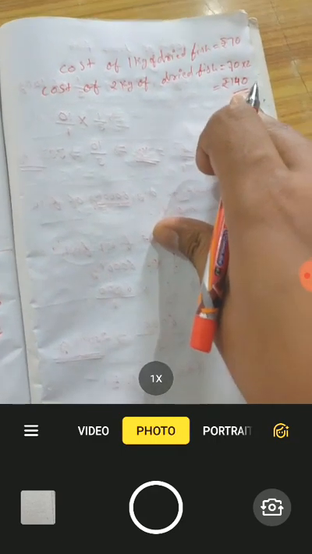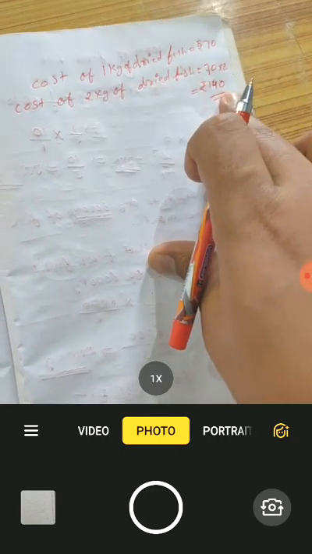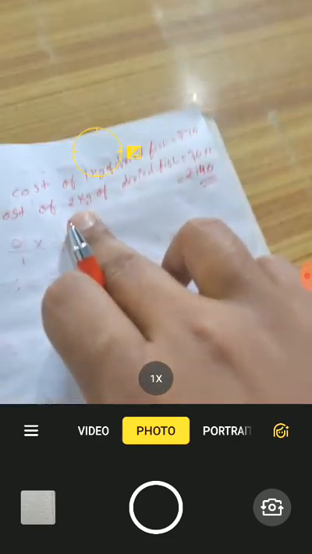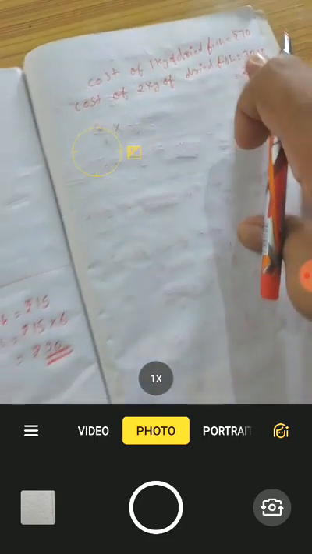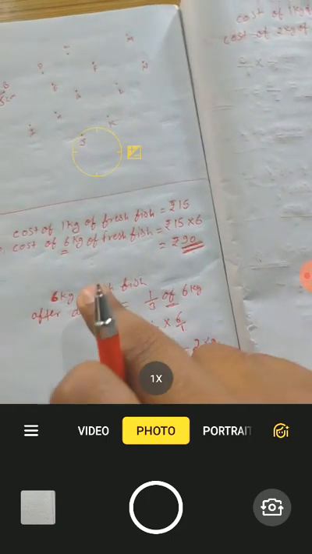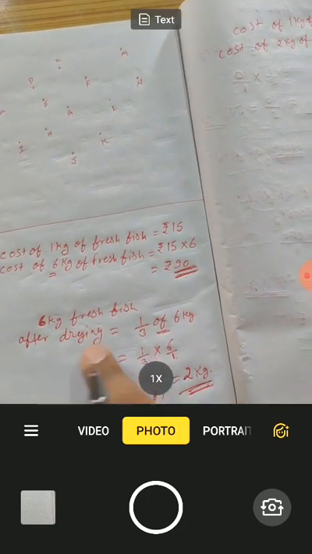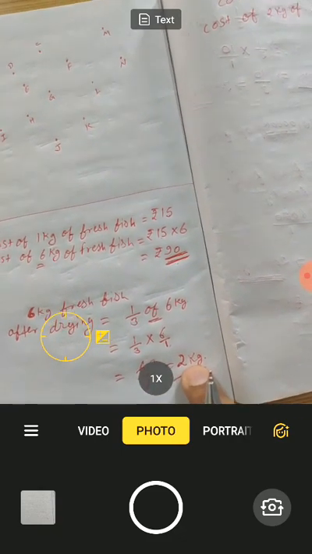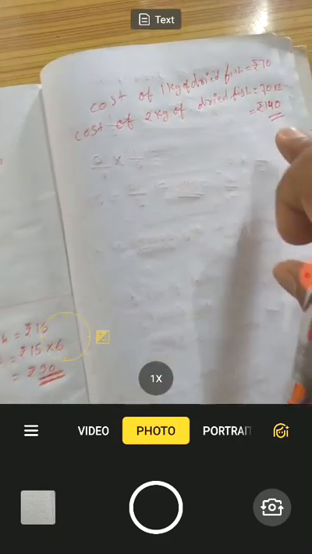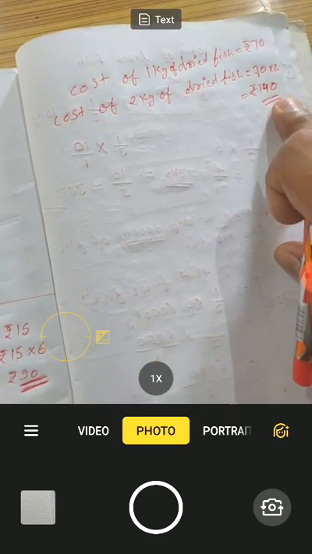But one question must strike your mind: is it the cost of 2 kg of dried fish? Yes, when 6 kg of fresh fish is dried, thereafter we get 2 kg of dried fish. Okay, and after selling it we get 140 rupees.